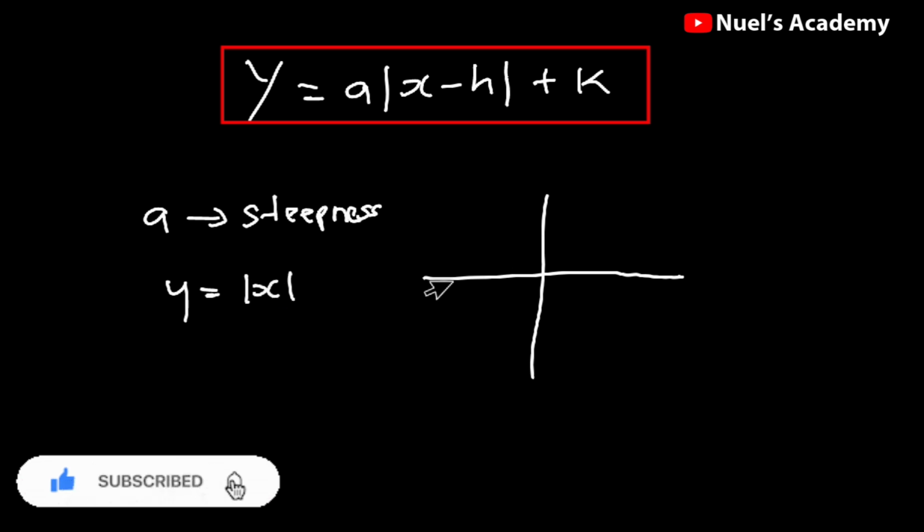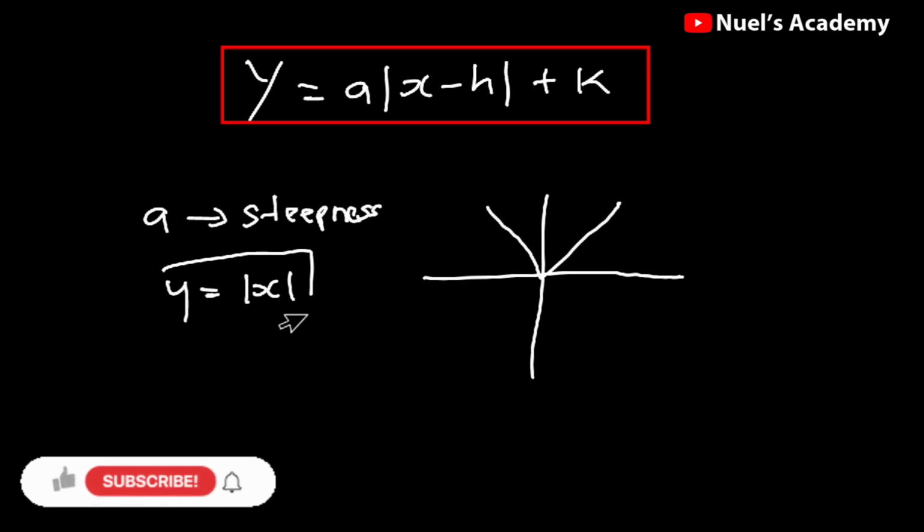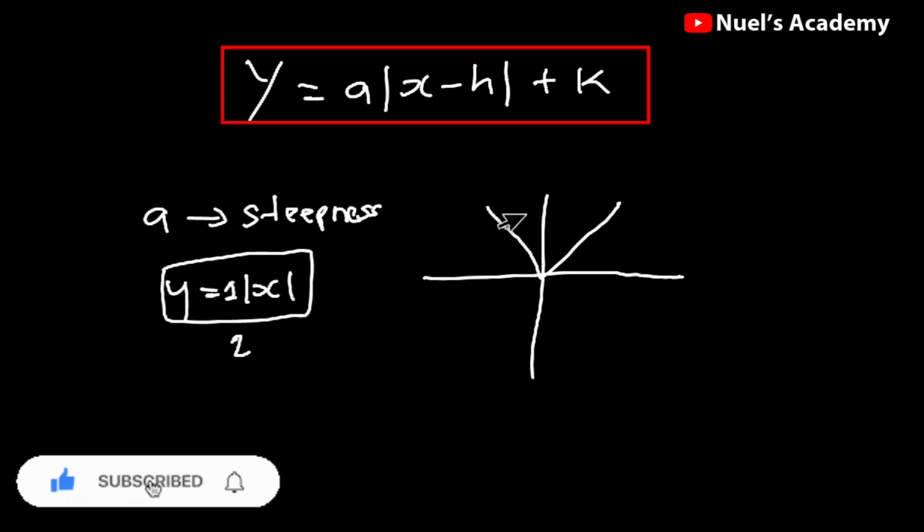Now, seeing this equation here, we can say that a is equal to 1. If a becomes 2, this graph will become a bit steeper. If a becomes something like 20, it will be closing more and more. So that's why I say that a determines the steepness of the graph.